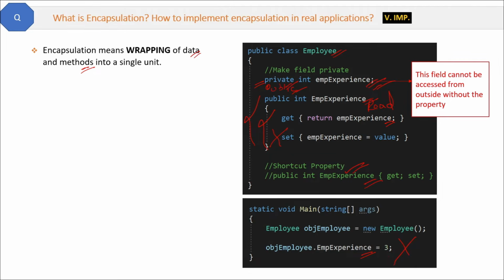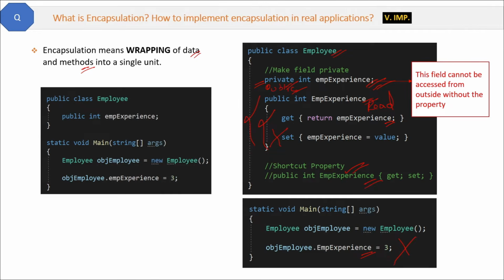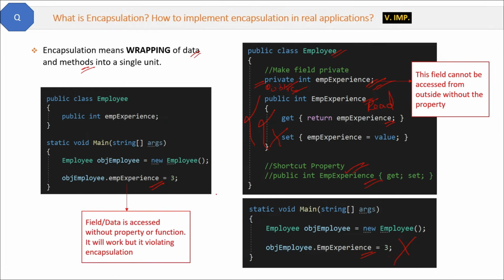Now let me also show you how you can violate the encapsulation. For example, in this screenshot, the employee class does not have any property. See, there is no property in it. And in the main method, the field is accessed without a property. It will work, right? It will work. But it is violating the encapsulation concept of OOPS because field data is accessed without a property or function.